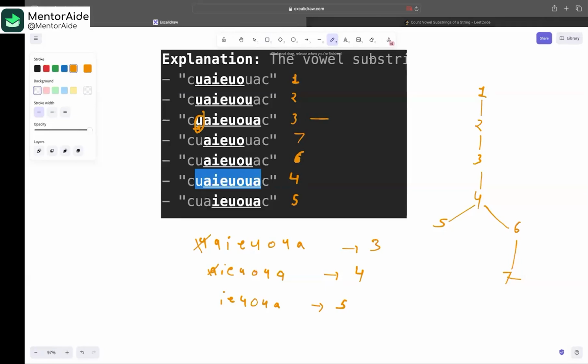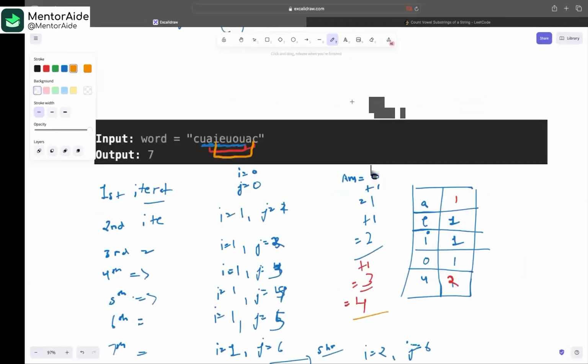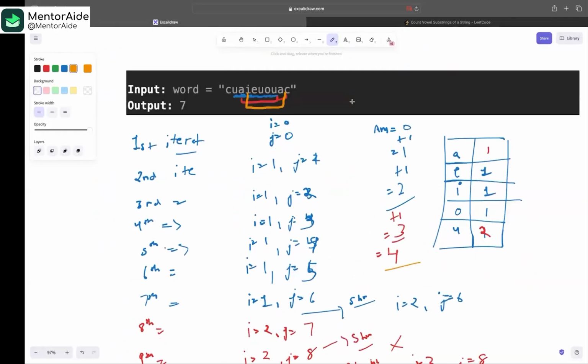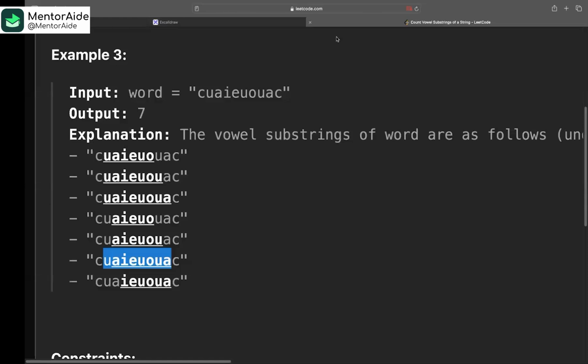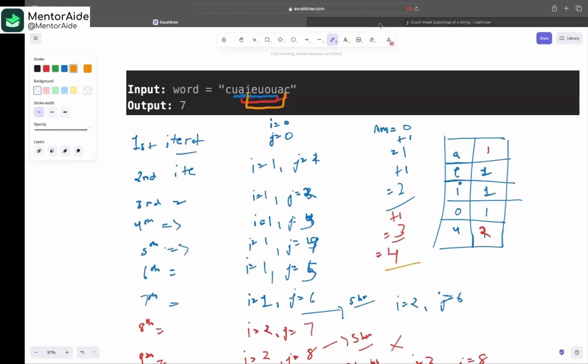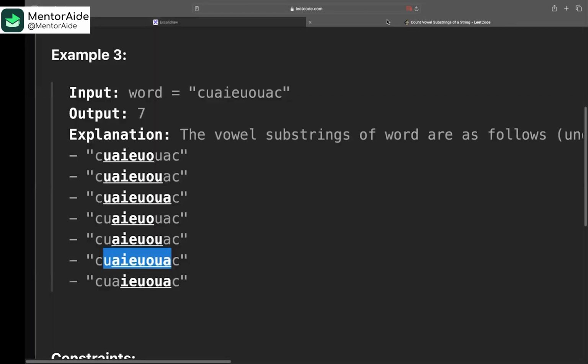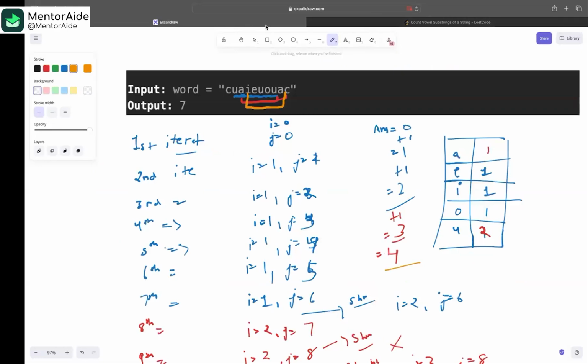I have one question. I think we should try to expand the window as much as possible at the first instance itself. You are saying let's expand the window as much as possible. Let's say when we are at U, we'll keep expanding and we'll get the answer as soon as we hit the length of the hash map.